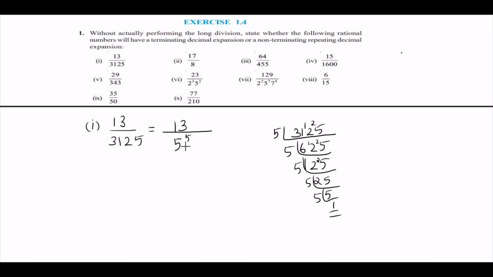So these numbers are co-prime, that is, it has only one as a common factor. So now check the denominator. If the denominator is of the form 5 raised to m or 2 raised to n or 2 raised to m, 5 raised to n, then you can say it has a terminating decimal expansion. So here if you check, it is 5 raised to 5, that is, it has a terminating decimal expansion.